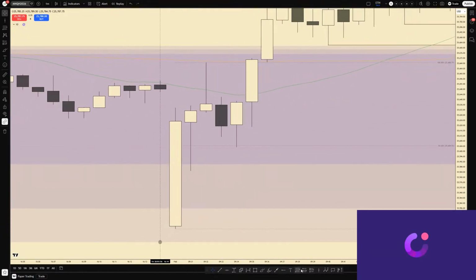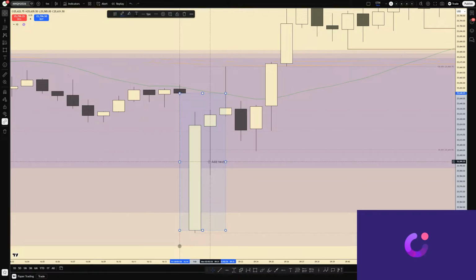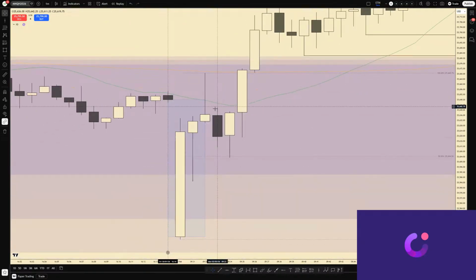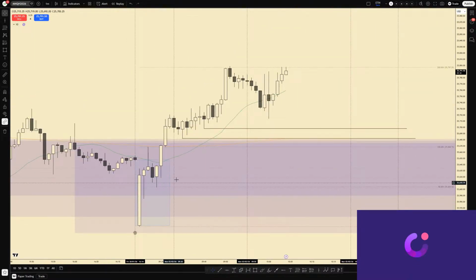Where is the midpoint of it? Just a second. This is the closing price of Friday, and this is the opening price of Monday. As you can see, price got a nice reaction from the midpoint, and then started expanding higher.